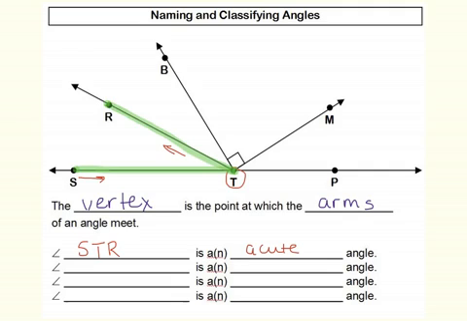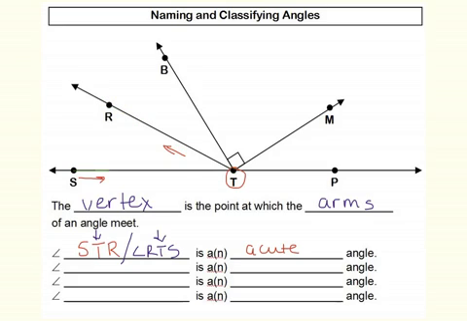It definitely does not have to start on this side. It can be here and it can also be here. So the way you know to do the letters is where you start tracing. We started at S, we went to T, and we also went to R. We could have also done it as R, T, S. Angle RTS. So that just goes to show that it depends on which way you started, based on what information you're giving, is the way you write the letters. But what is always in that center is T, because that is the vertex.